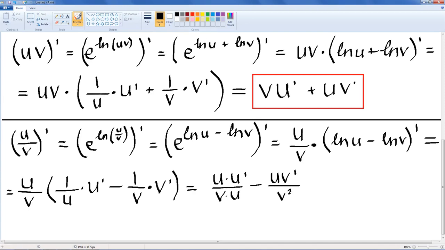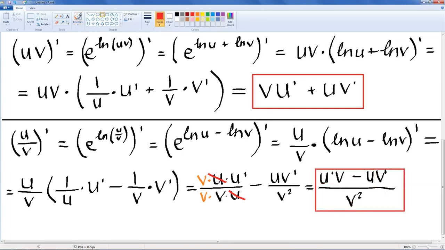Now you notice that this u and this u cancel out, and now if you just multiply by v on both sides, you're going to get u prime v minus uv prime, all of that over v squared, and we are done.